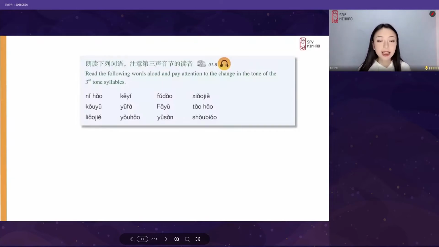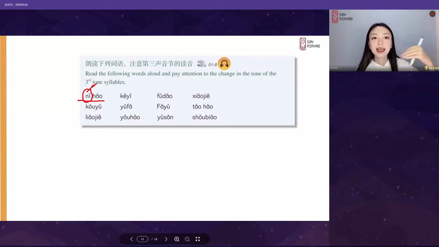Okay, now let's try to practice. There are many two third tone syllables together. So now let's try to read them. First one, 你好. Then we should change the former one into second tone, right? Change it to the second tone.